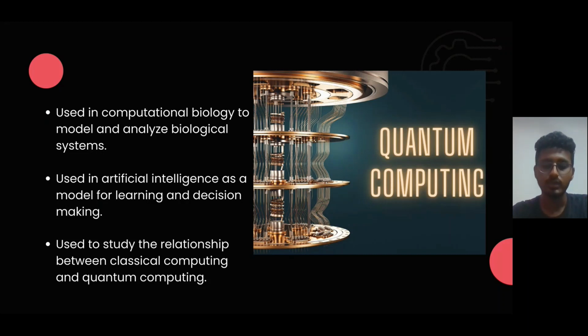It is also used to study the relationship between classical computing and quantum computing. This demand will increase in the future as there is a rapid shift from classical computing to quantum computing. And as we move towards quantum computing, this application of Turing machine will increase in demand.